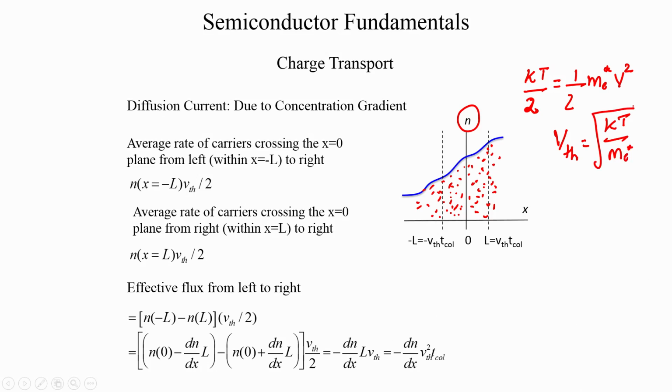So all the electrons have a velocity of this value, and this velocity is in an arbitrary direction. If it is a one-dimensional case, some of the electrons are moving this way, some are moving that way, and similarly on this side you have a few electrons moving this way and a few moving that way. This is the situation we are looking at.